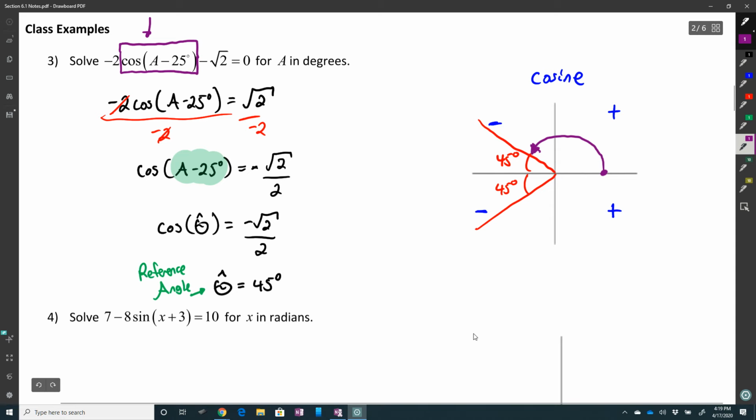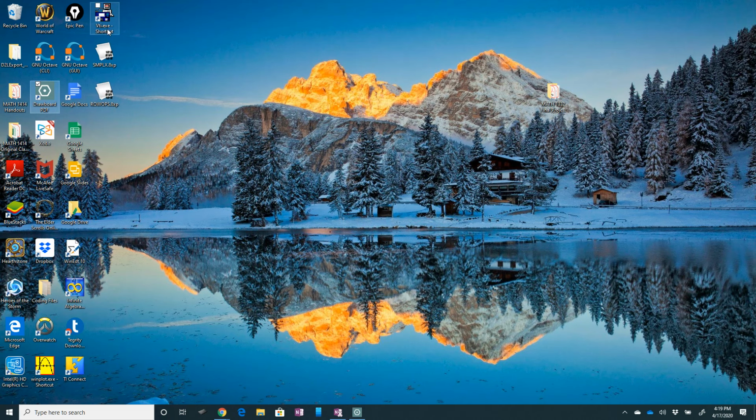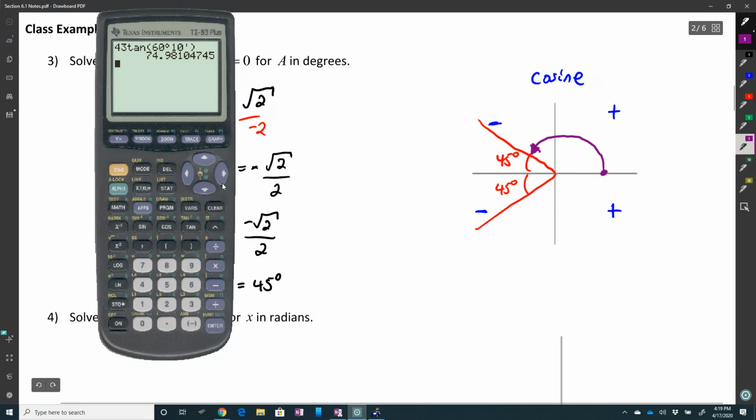and again, you can use your calculator if you want. Let me bring it up. That's just 180 degrees minus 45, and 180 degrees plus 45.